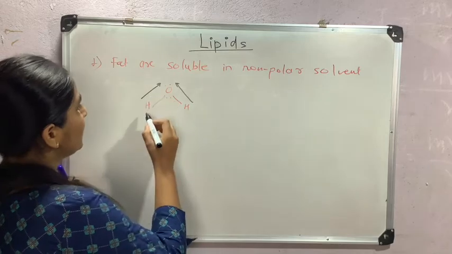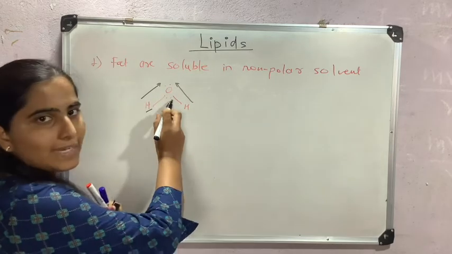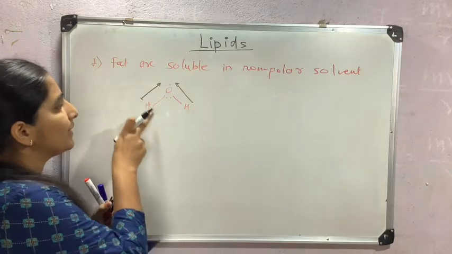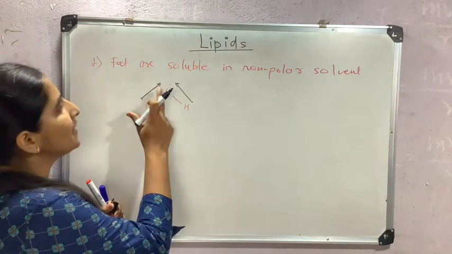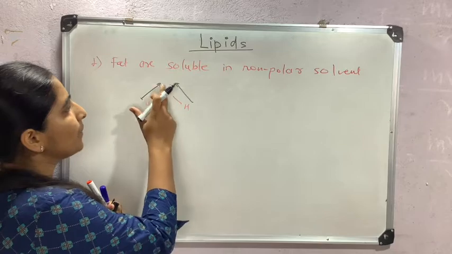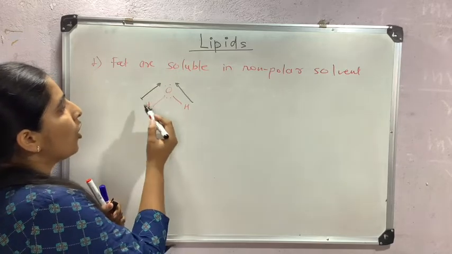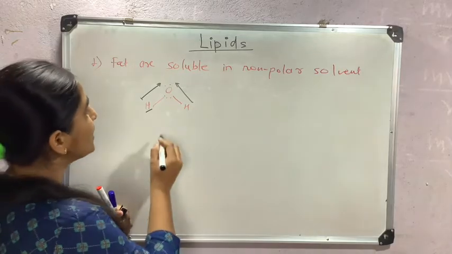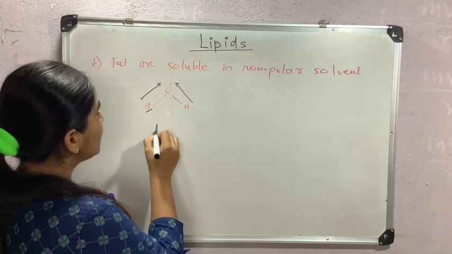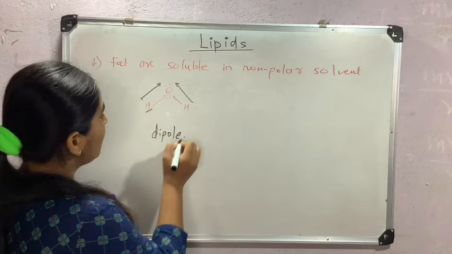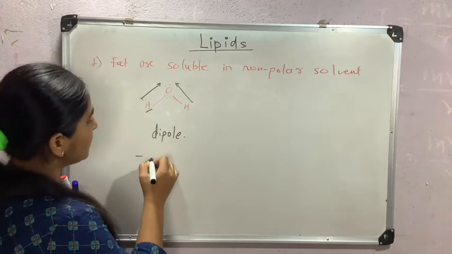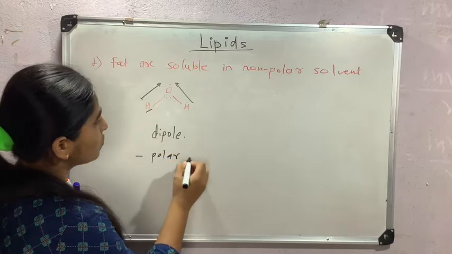This end is electropositive and this end is electronegative, meaning this atom is more electronegative than that one. So there is an addition of dipoles, and therefore this solvent is a polar solvent.